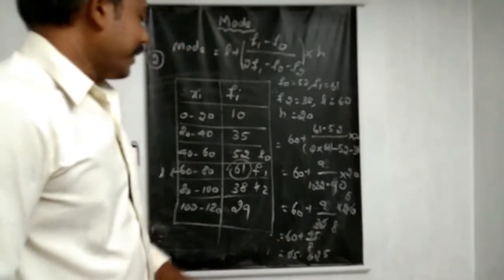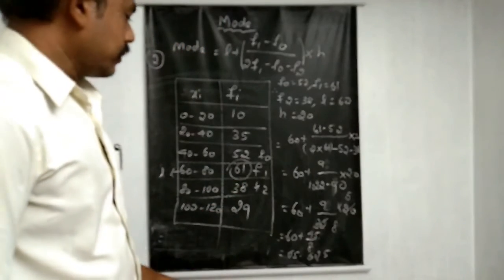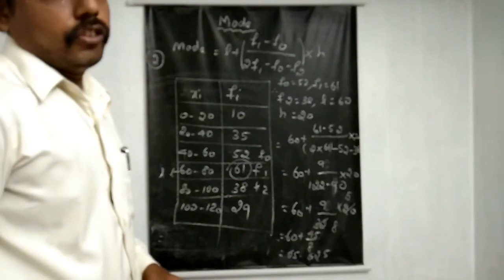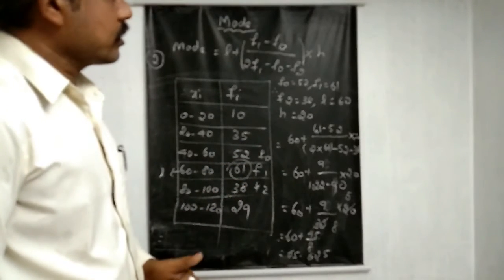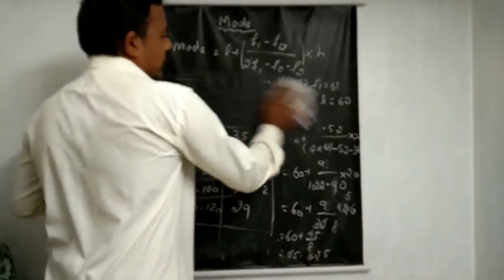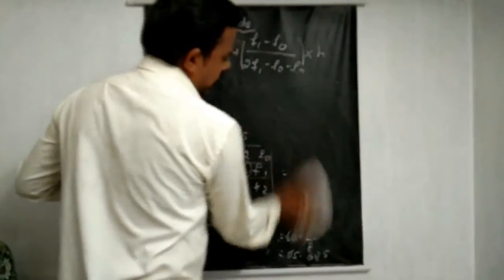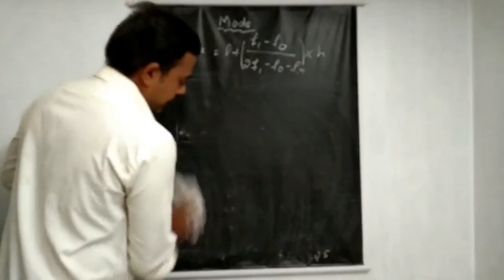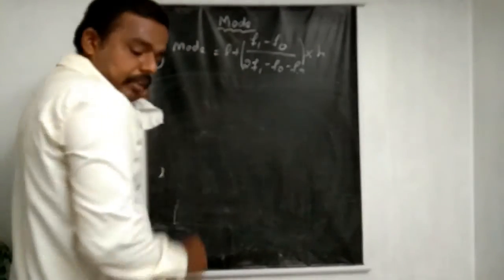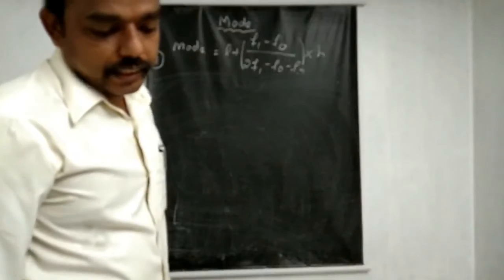So we identify the modal class, and from it F0, F1, F2, h and L values. Use these and finally you get the answer. That's all. So mode is the simplest problem. Similarly the third problem, the table is given directly.